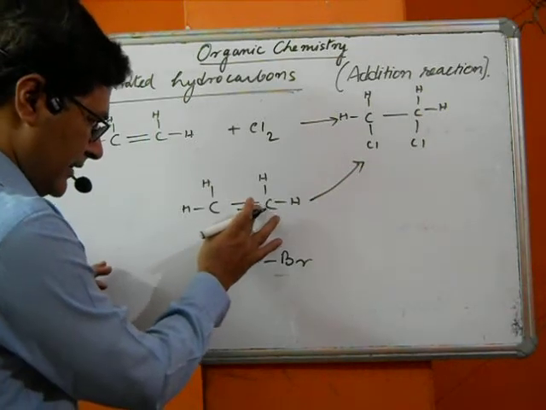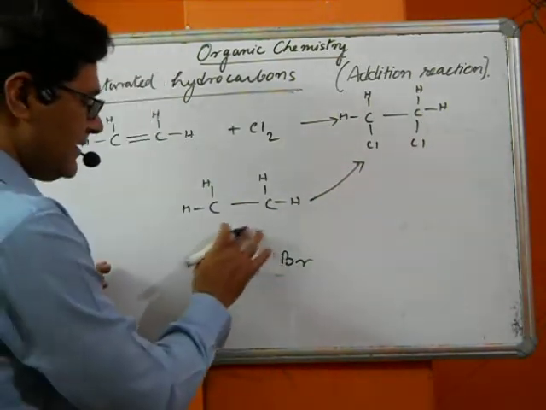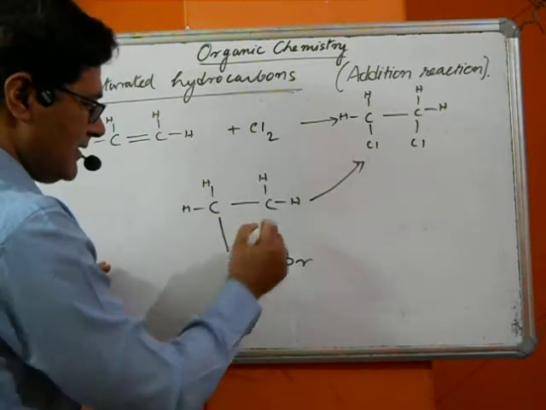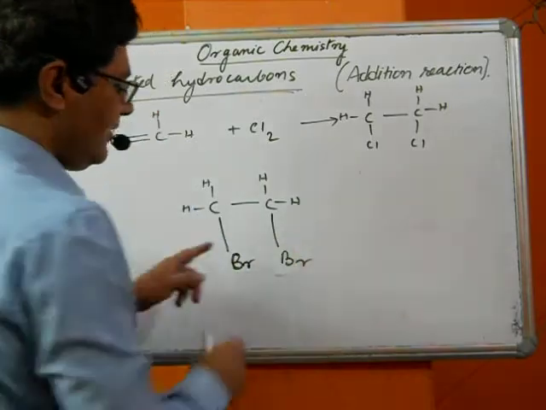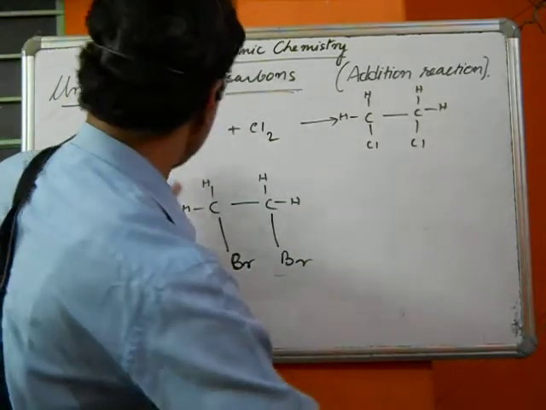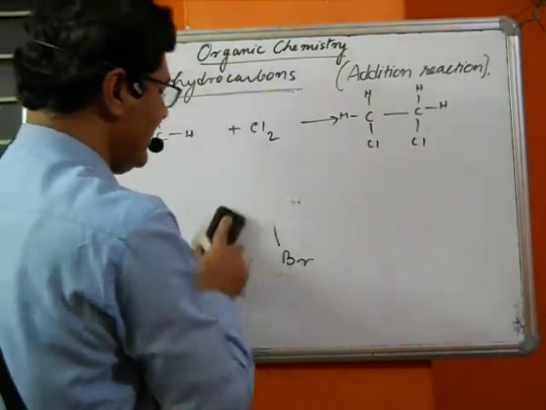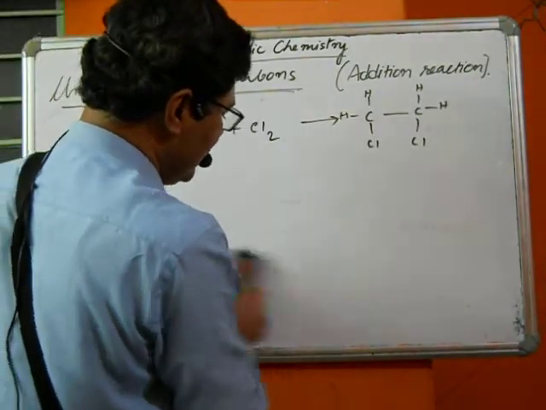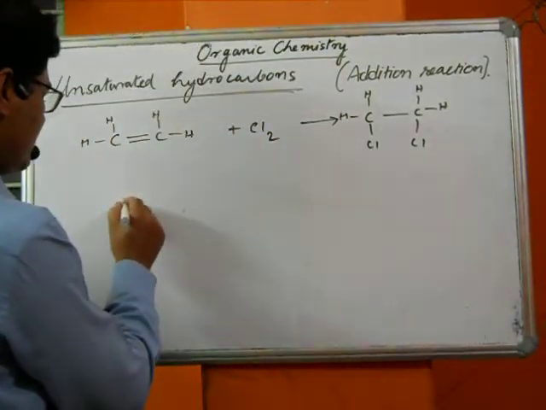So first, this bond breaks, this combines with this, this combines with this. Got it? So this is known as addition reactions. So in addition reaction, to say it in a very easy way, none of the hydrogens are replaced. There is no removal of the atoms.